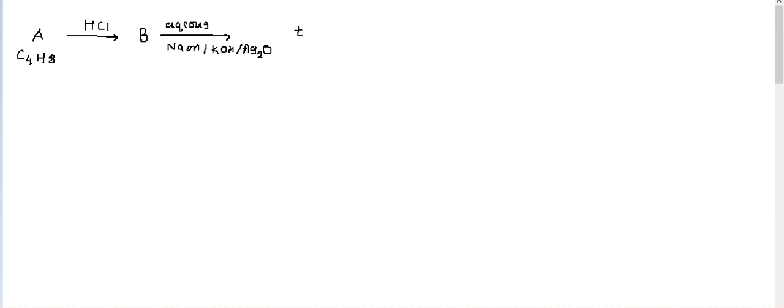So we have one compound A having molecular formula C4H8. Now when this C4H8 reacts with HCl, we get compound B. We don't know anything about compound B, and they have provided further information that B, when reacted with aqueous KOH, or aqueous alkali, means you can use either KOH or NaOH or Ag2O, any reagent, gives tertiary alcohol.